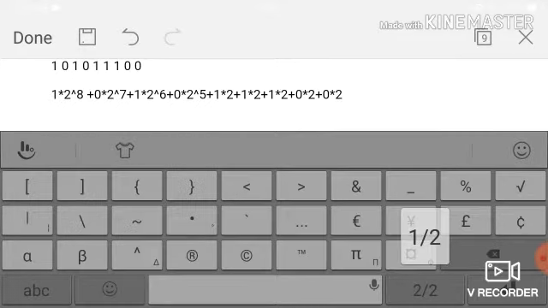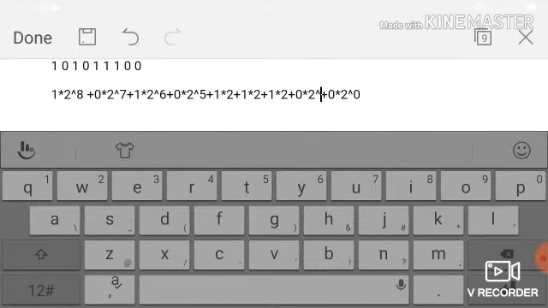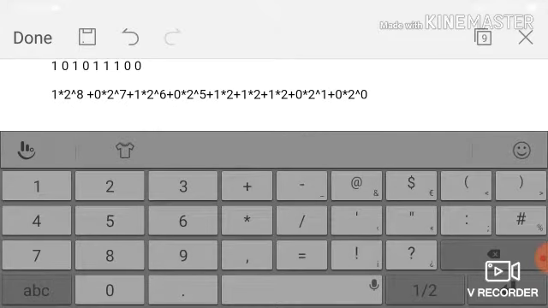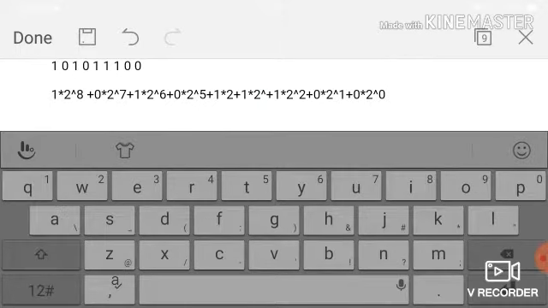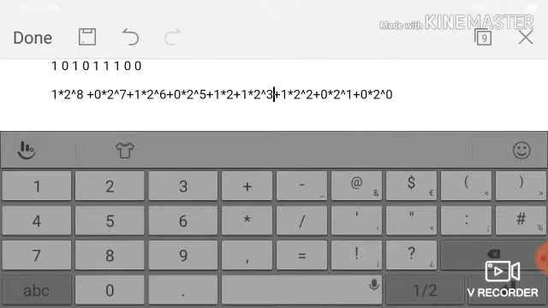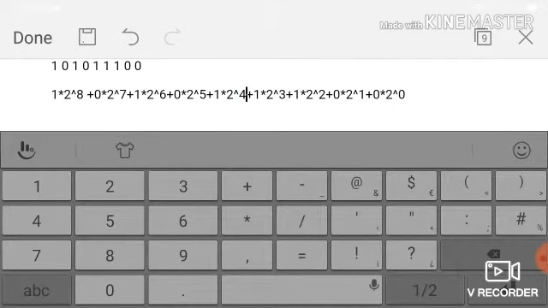So the last one is raised to 0, then this is raised to 1, then raised to 2, then raised to 3, then raised to 4.